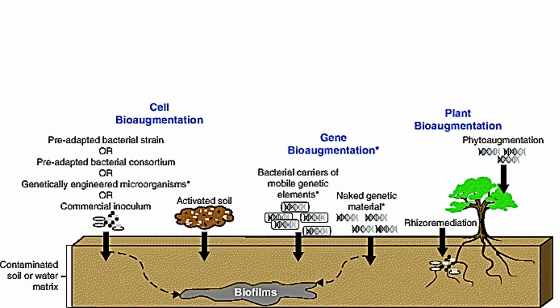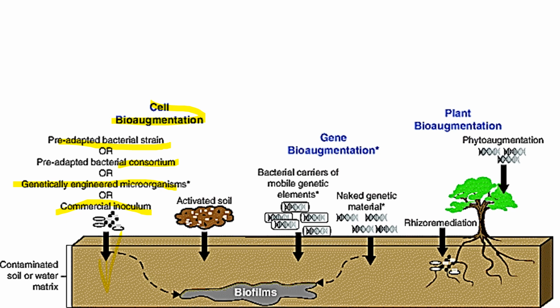So there are different kinds of bioaugmentation, which is cell bioaugmentation, where you have a bacterial strain, a consortium, or a genetically engineered microorganism, or a commercial inoculum, which is provided in situ to the contaminated site.